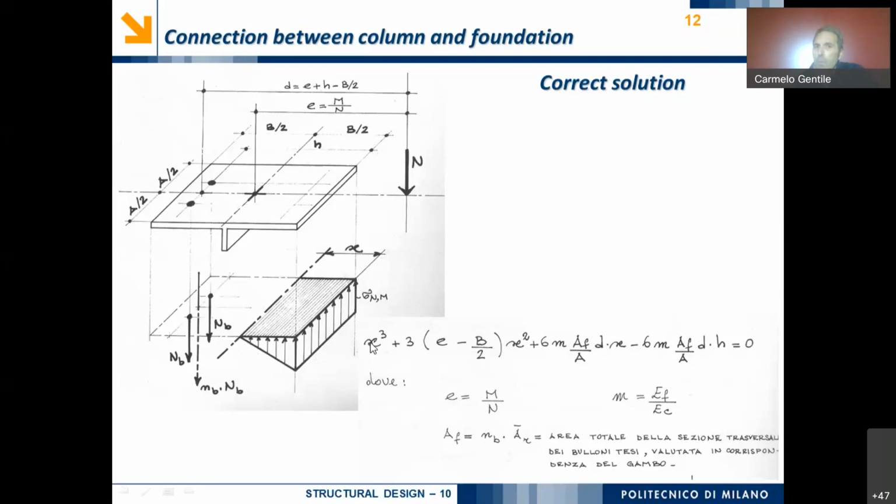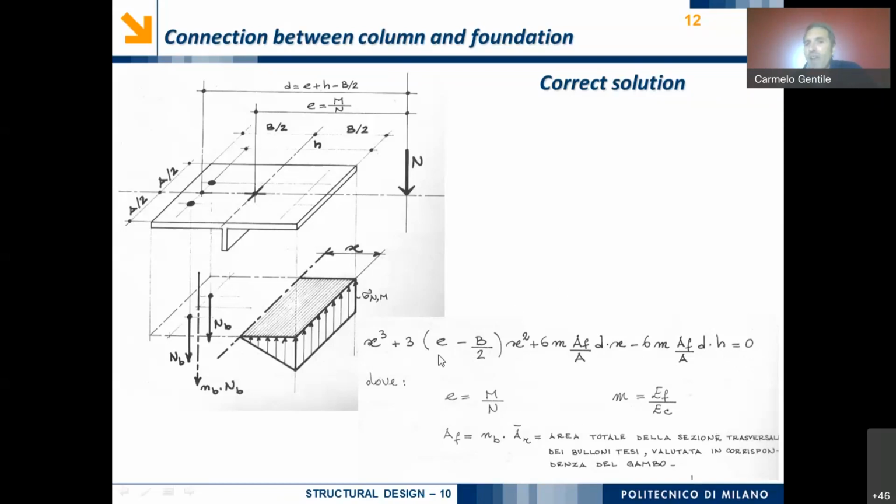So if you put capital B over 4 cubed, capital B over 4 squared, in this equation, and if I am very lucky and capital B over 4, my first trial, is the right solution, I will obtain that the summation of those terms, the first two positive and the second two negative, will be effectively equal to 0. Otherwise, I have to try again.